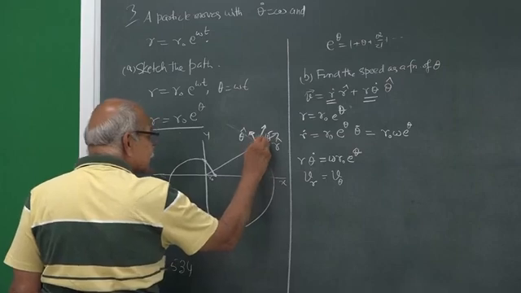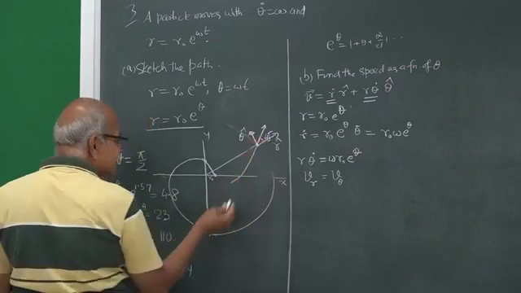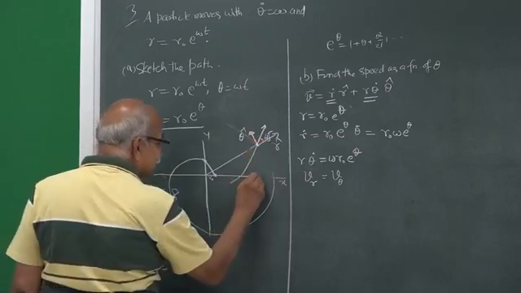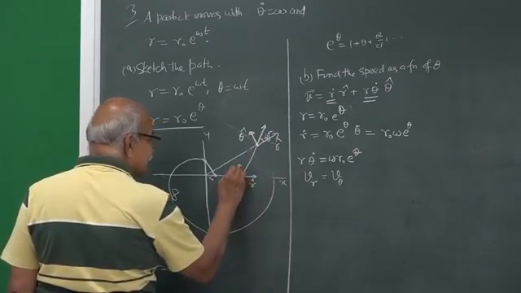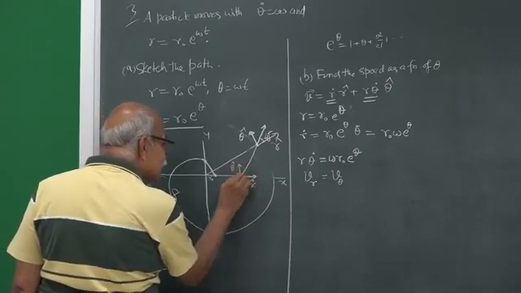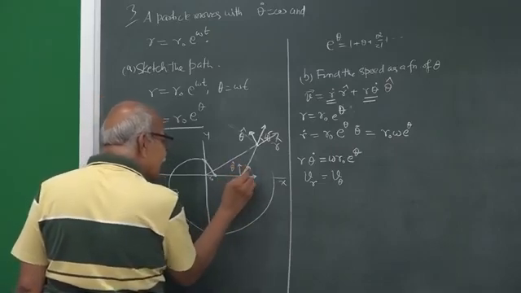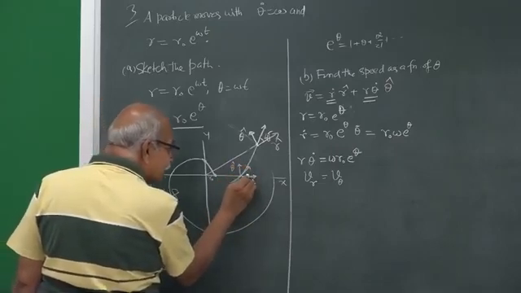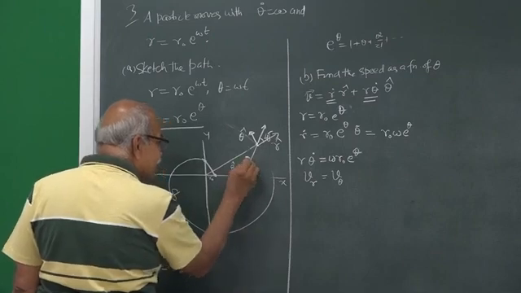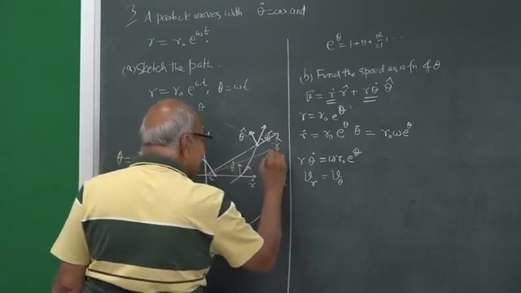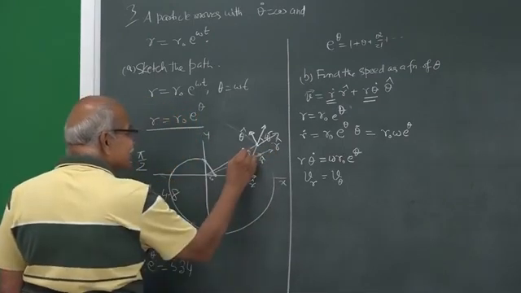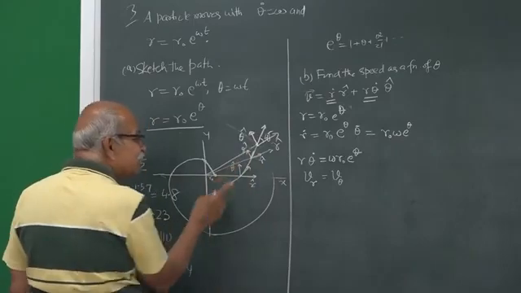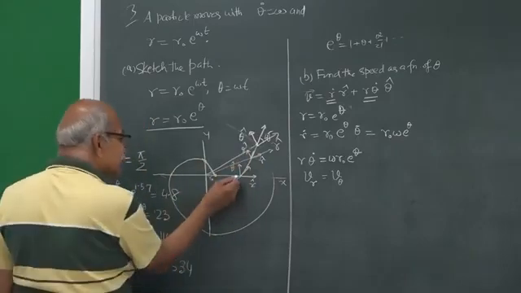So, it should go like this, at equal angle from r cap and theta cap everywhere. The actual velocity should be in between.